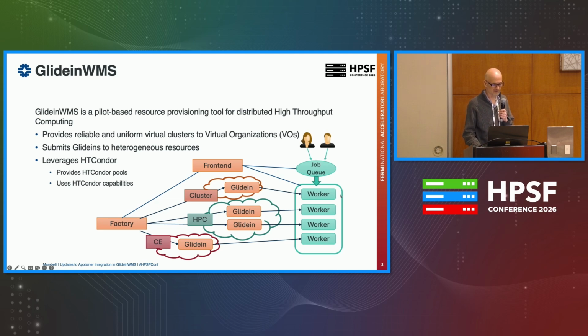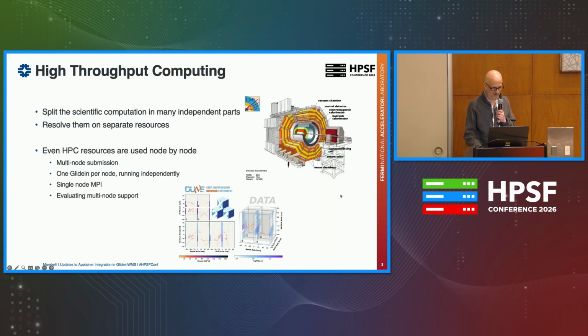And the front end is the one that controls how many Glideins are running and looks at the queue of the user, what they need, and communicates to the factory where and how many Glideins to submit. So the result is that we provide this cluster for experiments that can run simulation and analysis, splitting their scientific computation in many small parts, right?